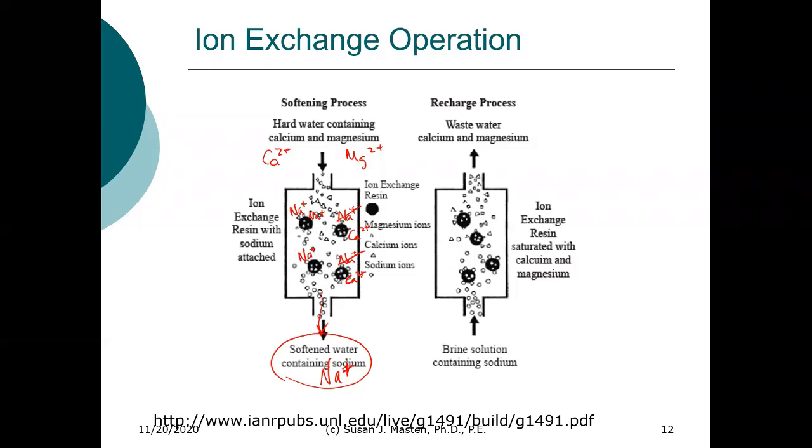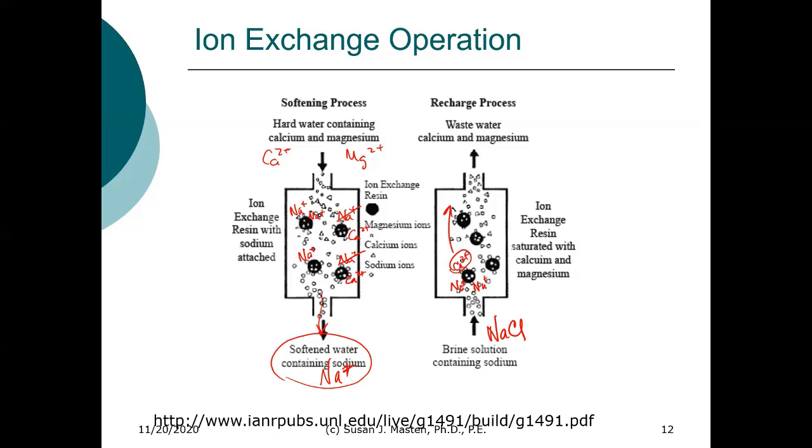So the sodium is released and is exchanged for calcium. When we regenerate, we'll start with a concentrated sodium chloride solution. Now we start with calcium or magnesium on the resin. We're going to release those and replace them with sodium. And we again still have to maintain a charge balance.